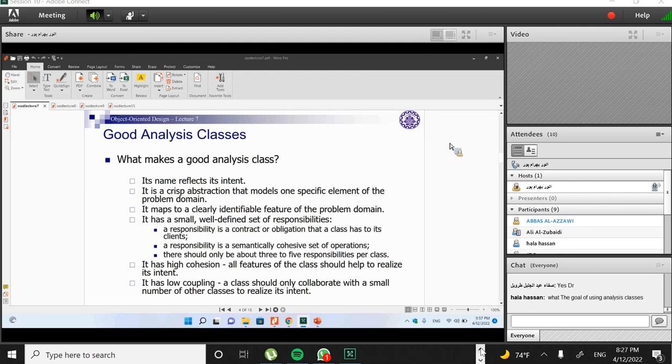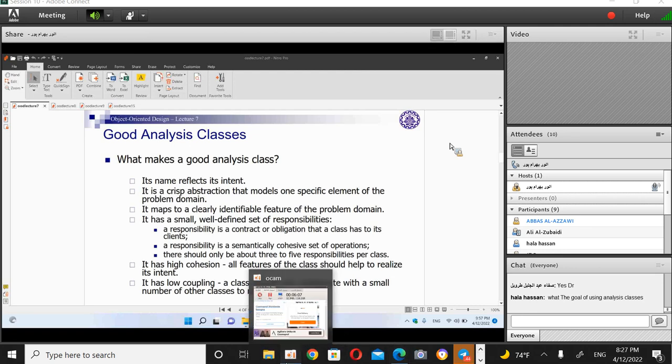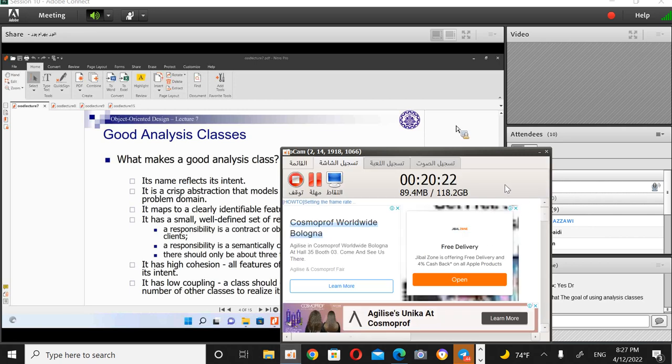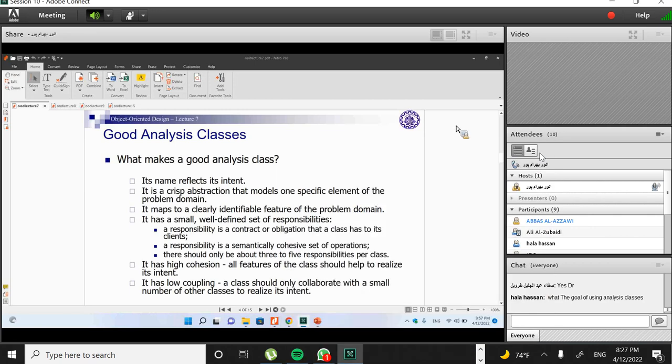What is the goal of using analysis classes? As I talked before, in the life cycle of each software product, we have several phases. The first phase is requirements, the second phase is analysis phase, the third one is design phase.